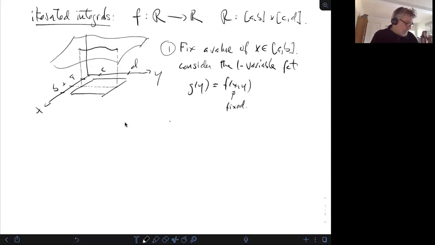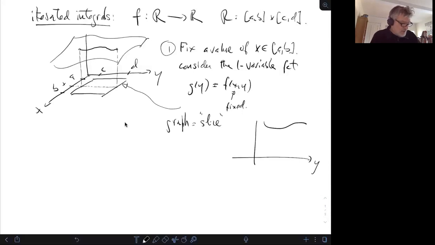Okay, so its graph is that slice right there. So I can look at it this way. It depends on y, and this goes from c to d like this.